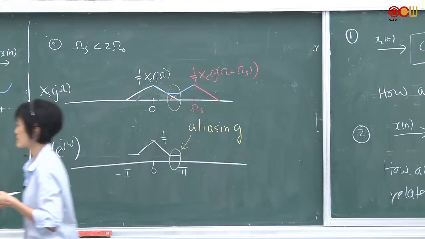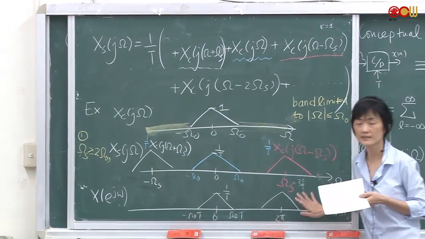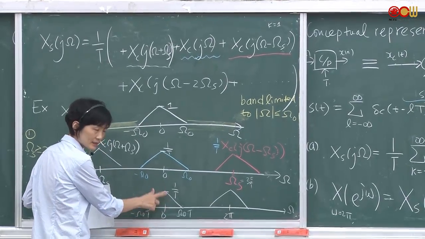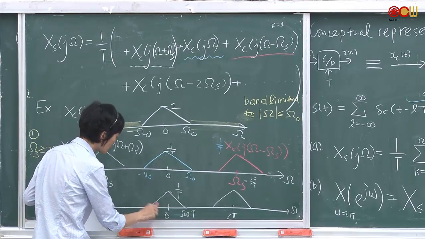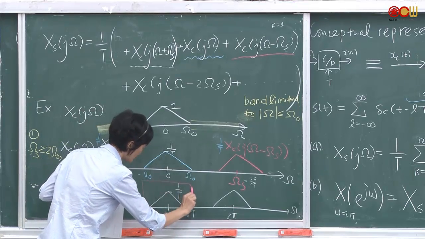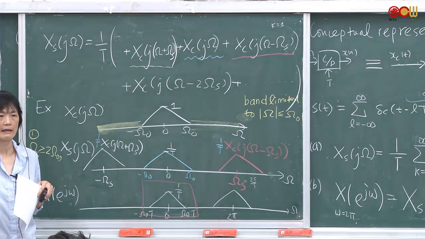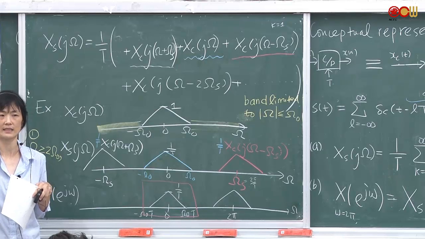And if we look at this case, although the height is smaller, that doesn't really matter. If we just look at this part, then it has an exact copy of Xc.